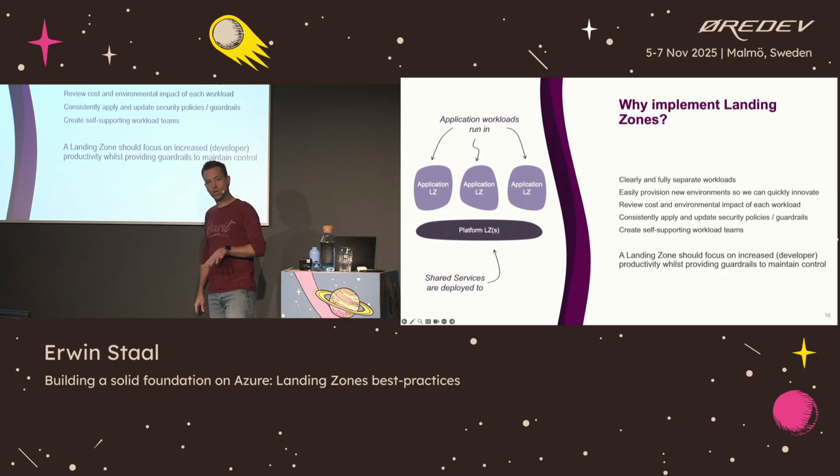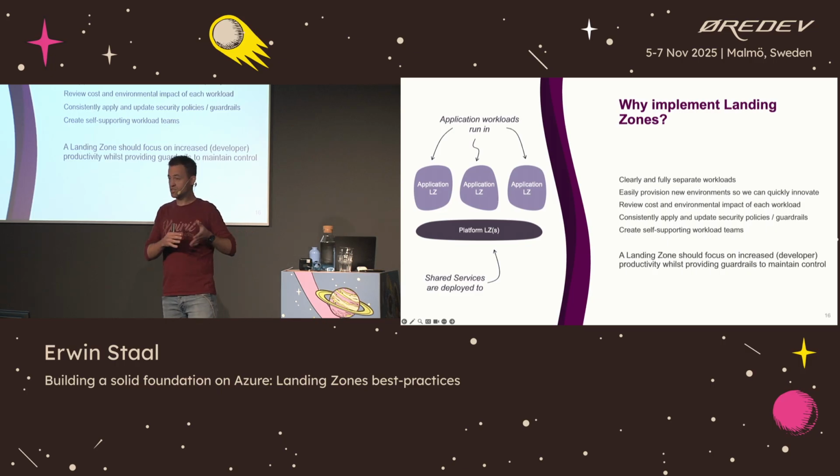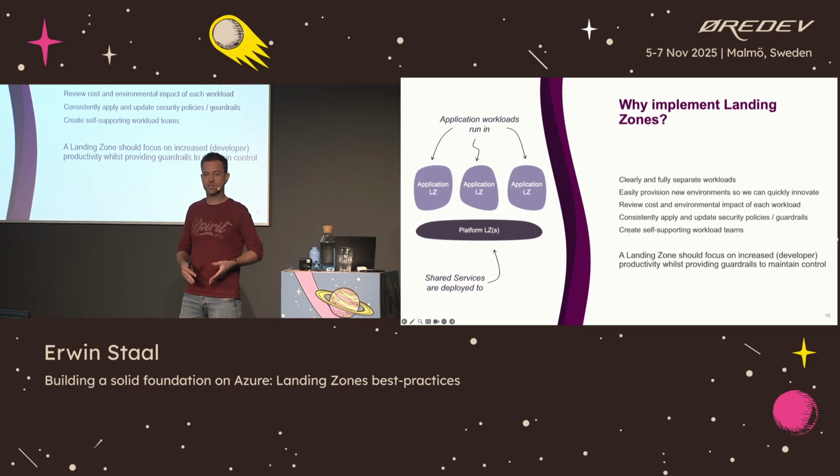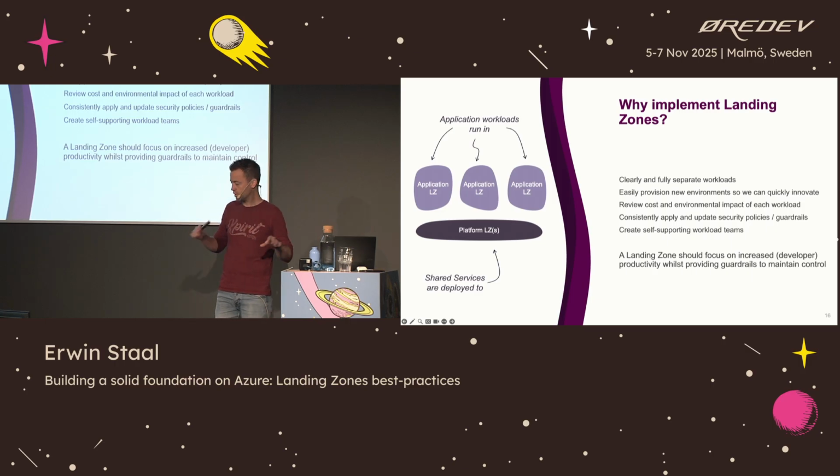Because of the isolation that we achieve with building landing zones and handing out a lot of them, it's also very easy to review cost and also the environmental impact per application and per landing zone that we are deploying because they were isolated to begin with. It's also very easy to, in a very consistent manner, apply security measures and policies, etc., because we can easily do that automated across the board and apply that on every landing zone.